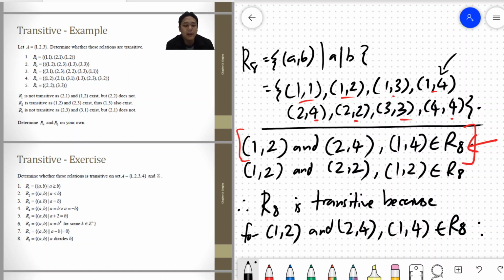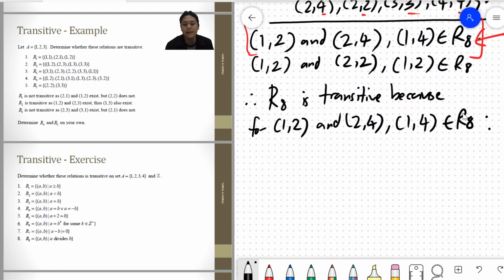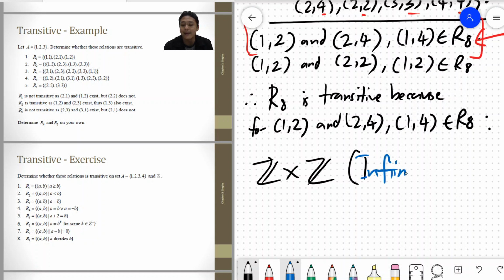For this particular infinite set, you happen to take the Cartesian product Z times infinite. This is a case of different color, please. Infinite sets.